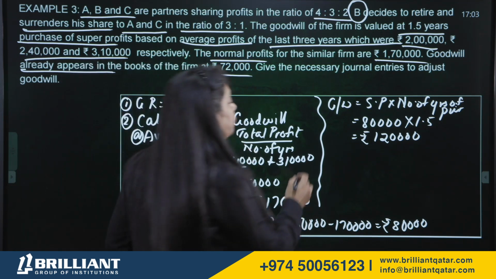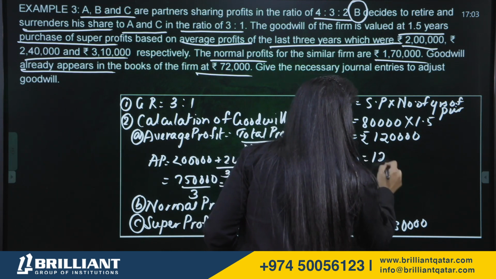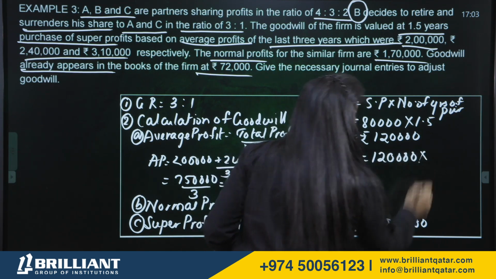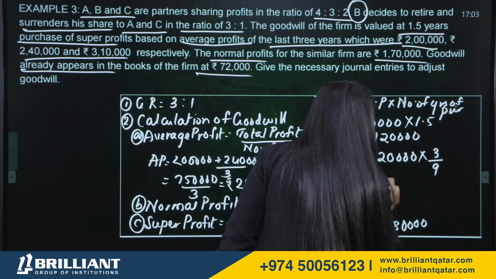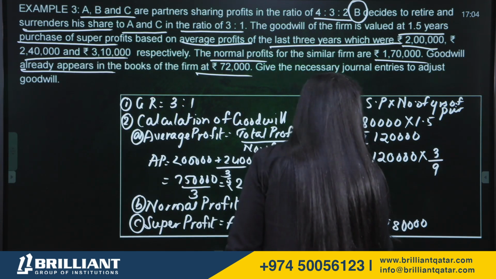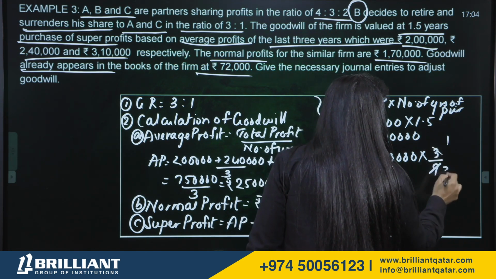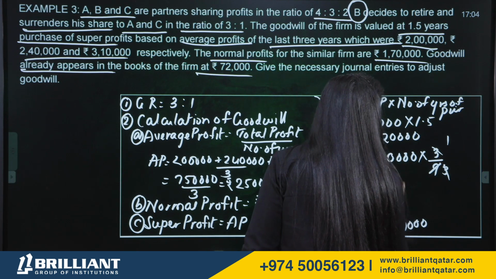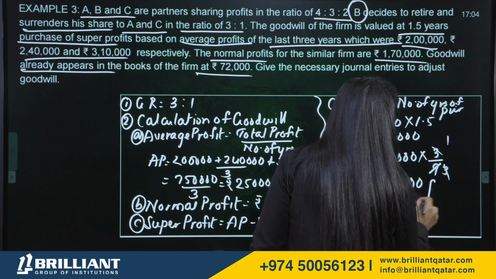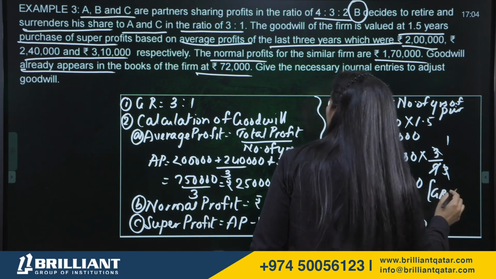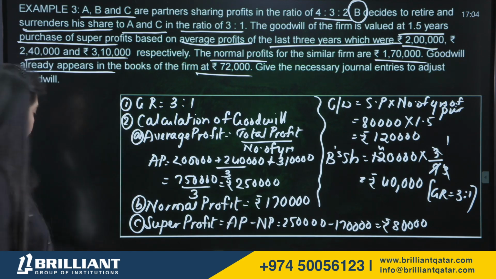Find out B's share. B's share is equal to 1,20,000 into his share, 3 by 9, which is equal to rupees 40,000. This 40,000 will be distributed in the gaining ratio, which is 3:1. I hope this much is clear to you all.